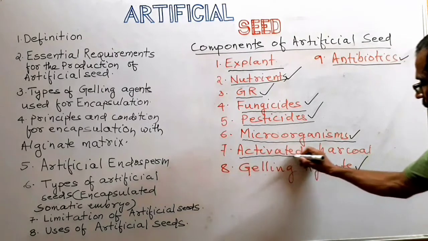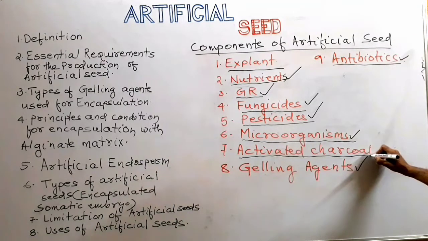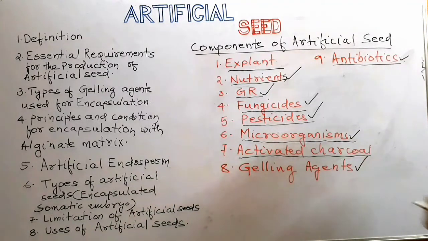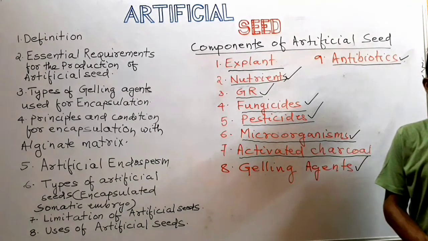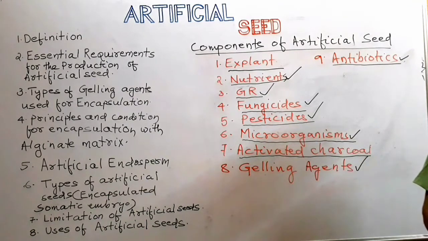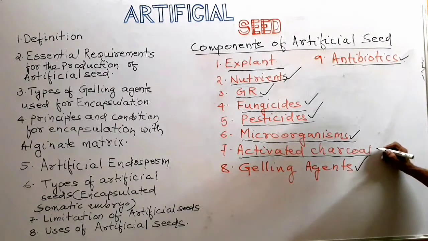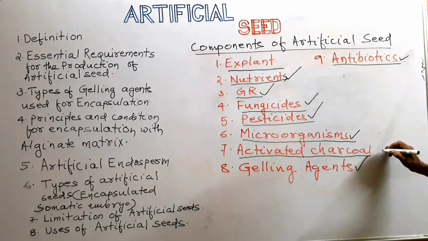Activated charcoal can also be added. Activated charcoal improves the vigor and conversion of encapsulated somatic embryo. Activated charcoal breaks up the alginate and increases the respiration of somatic embryo.